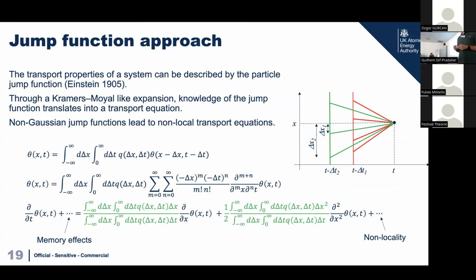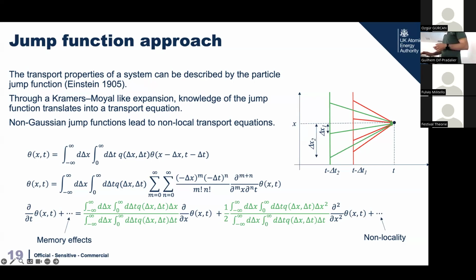What I'm telling you now is that the transport properties of a system can be described by a so-called jump function. This kind of concept was introduced already by Einstein in 1905 when he was talking about diffusion. So if you know how at different times and at different positions the particles will jump to a specific position in time and space, you have fundamentally the full information of your system in terms of transport.